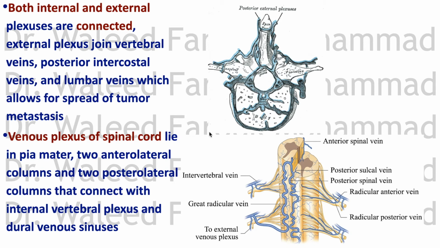The venous plexus of the spinal cord are tortuous veins on the front and back of the spinal cord. It's in the pia mater layer, and it's also connected with the internal and thus the external vertebral venous plexus along communicating veins that drain the spinal nerve.